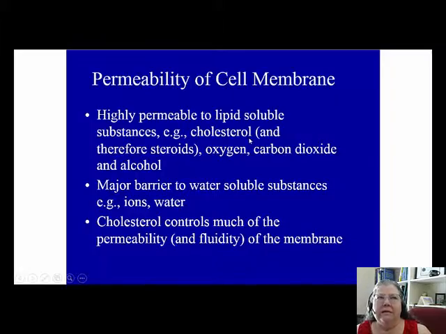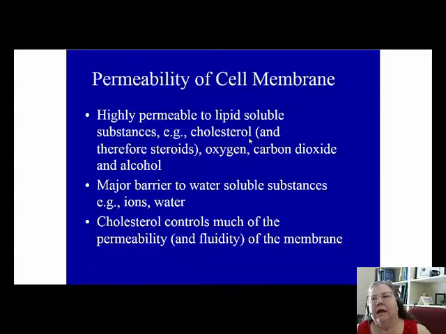So because these membranes are lipids, they're very permeable to lipid-soluble substances. Cholesterol and many hormones that are cholesterol-based, steroid hormones. So corticosteroids you've heard of, things like prednisone. The sex hormones, testosterone, estrogen, progesterone, are all fat-soluble.